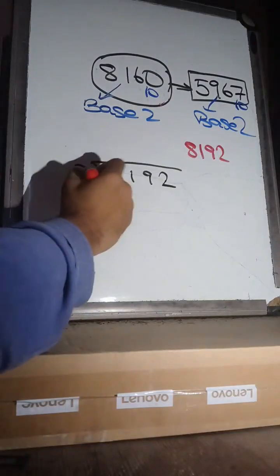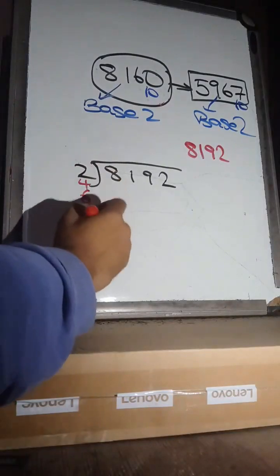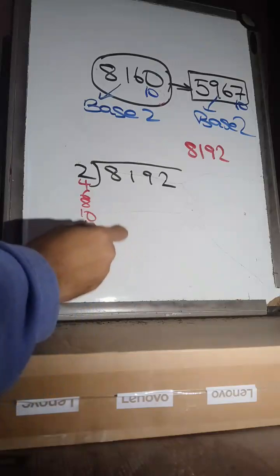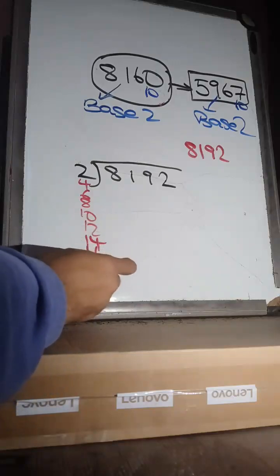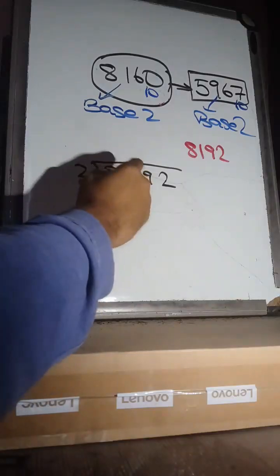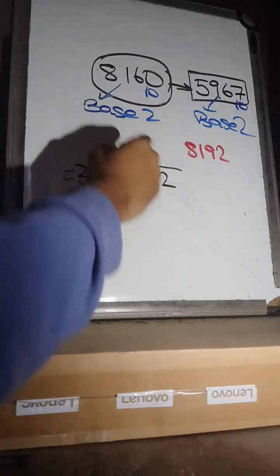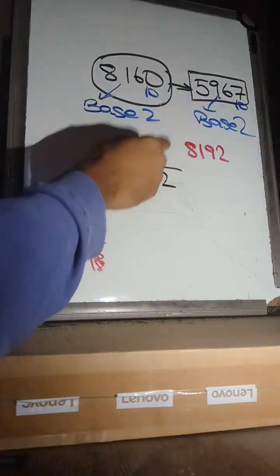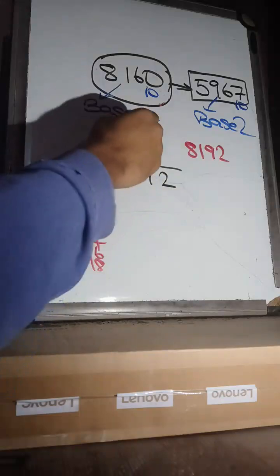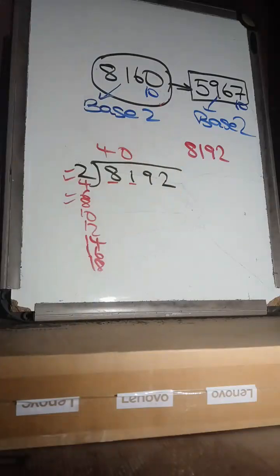So 4, 6, 8, 10, 12, 14, 16, 18. Alright, so 1, 2, 3, 4. Now this is one smaller everything, so that's a 0, right?